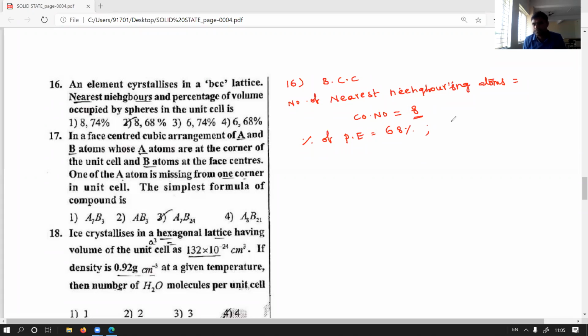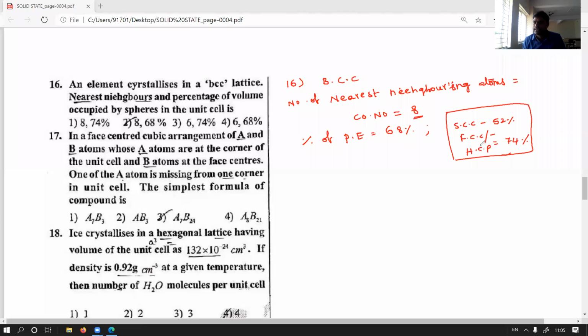In the same way, simple cubic crystal packing efficiency is 52%. And FCC, face centered cubic crystal, or HCP, hexagonal closed packing crystal structure, their packing efficiency is 74%. Okay, those additional points also we need to remember.